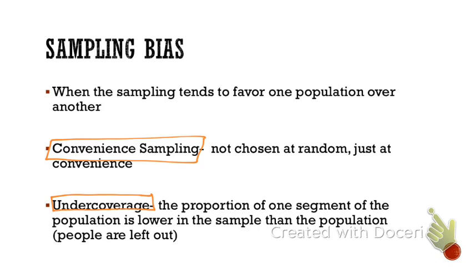So I only have the resources that I have around me. So if something has undercoverage, that doesn't necessarily mean it's bad, but when you're creating a survey or something, try to be aware of including as many people in your population as possible, or give them a chance for it.